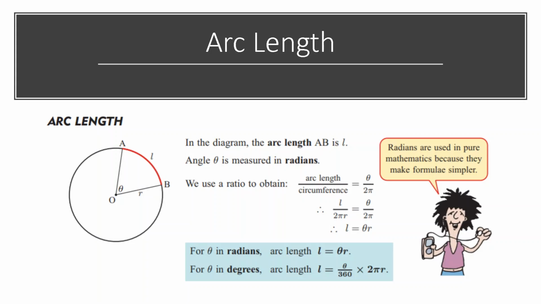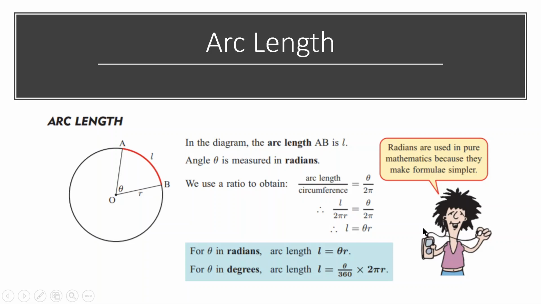Then we multiply left and right by 2 pi to leave us with L over r equals theta, and then multiply both sides by r to leave us with L equals theta r.